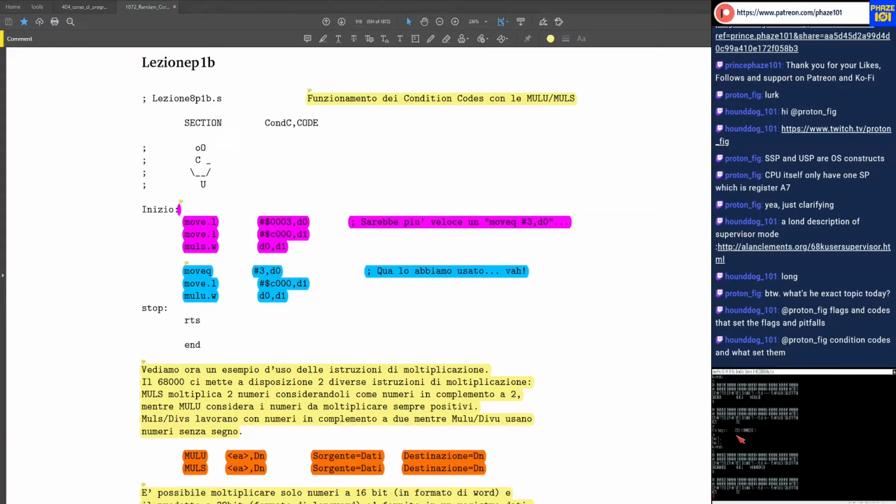Although we have a move.long here, the CPU will still cut the high word and work on the low part of it, because it can only work on words.